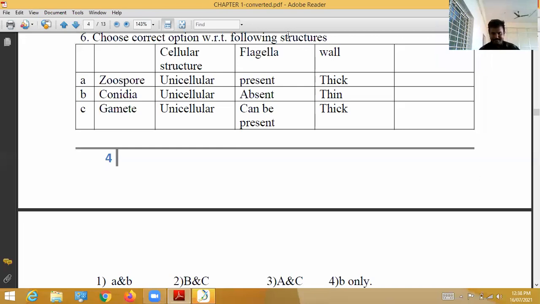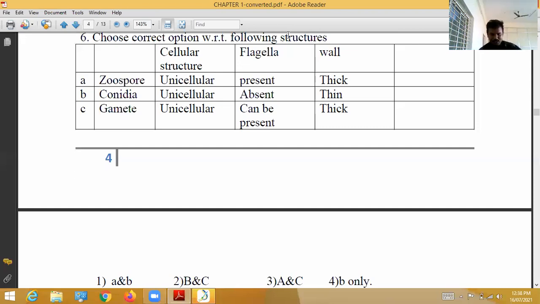According to these options, which of the following are correct? A and B. Zoospore, thick, but conidia is not thin. It is also thick. So option A is wrong.